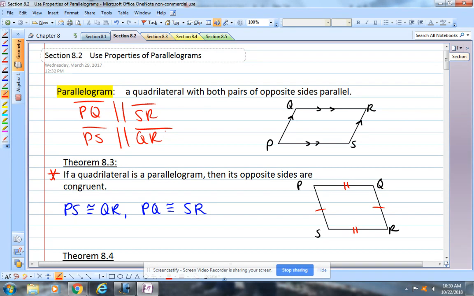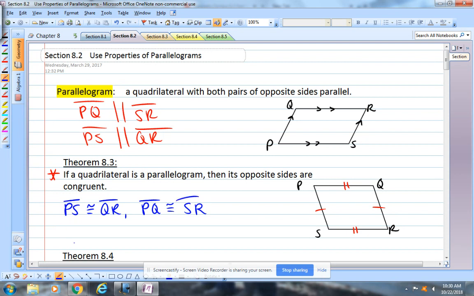Also, the next theorem says not only are they parallel, but the opposite sides of a parallelogram are also congruent to each other. So notice how we have congruent. Remember, that's the equal sign with the squiggle line. To say congruent, we're supposed to use the bar. Segments are congruent, measures are equal.